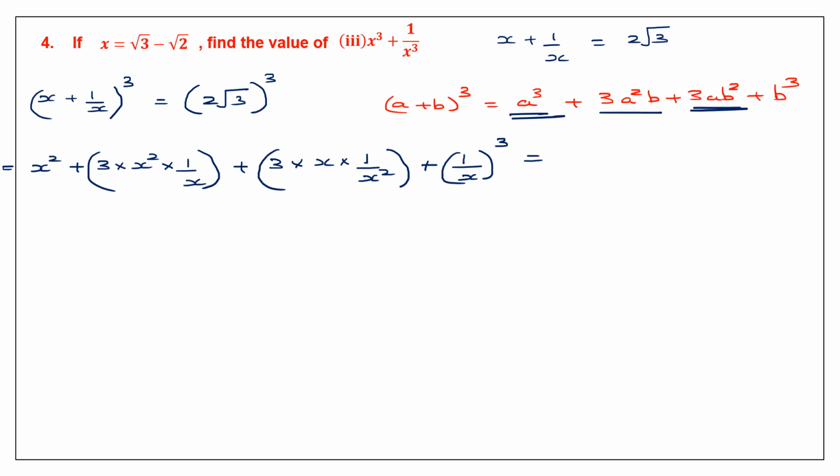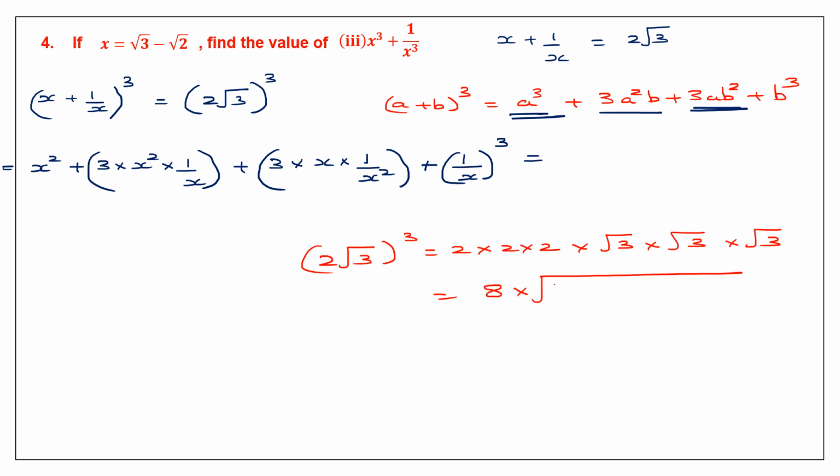So let's work that out. That is 2 root 3 the whole cube. So first let's cube 2. 2 into 2 into 2, so that makes it 2 2s are 4, 4 2s are 8, into root 3 into root 3 into root 3. This makes it into the root of 3 into 3 into 3.